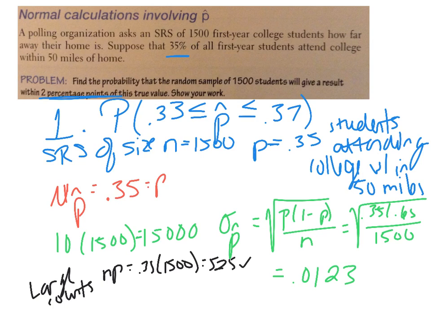And then I also have to check n times 1 minus p. So 1,500 times 0.65, which is also greater than 10. It's 375. So you've met your large counts condition, so I can assume a normal approximation here.